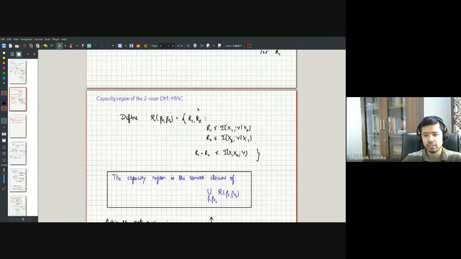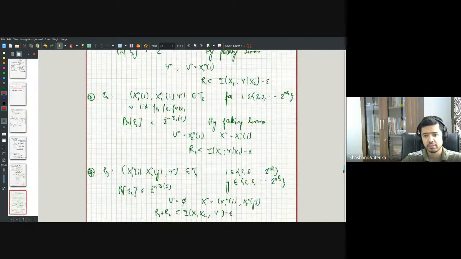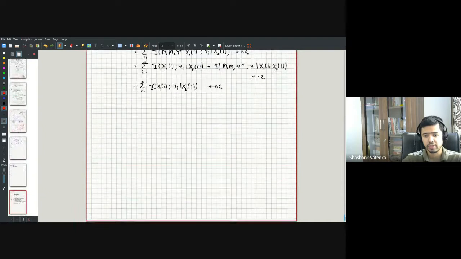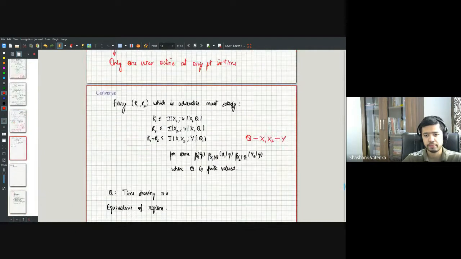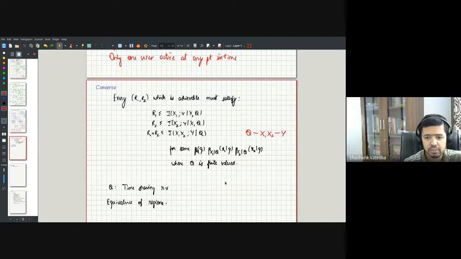So remember that this rate region was a set of all convex combinations of pentagons. And my claim is that this particular rate region that I described just now is also a convex combination of pentagons. And how do you see this?